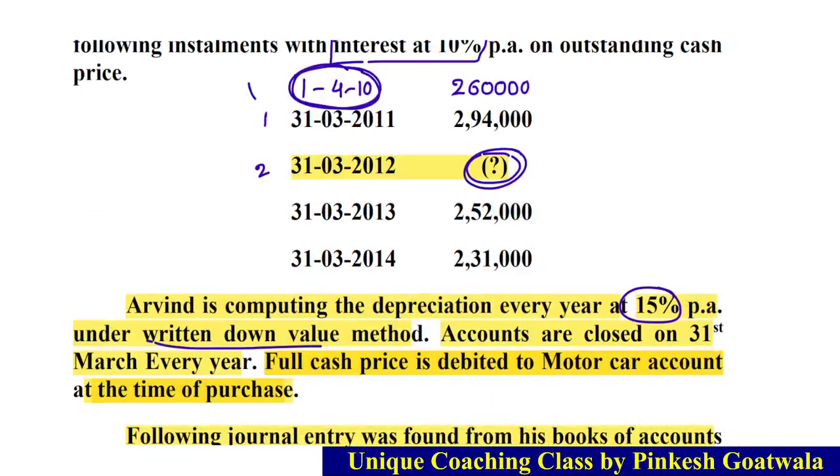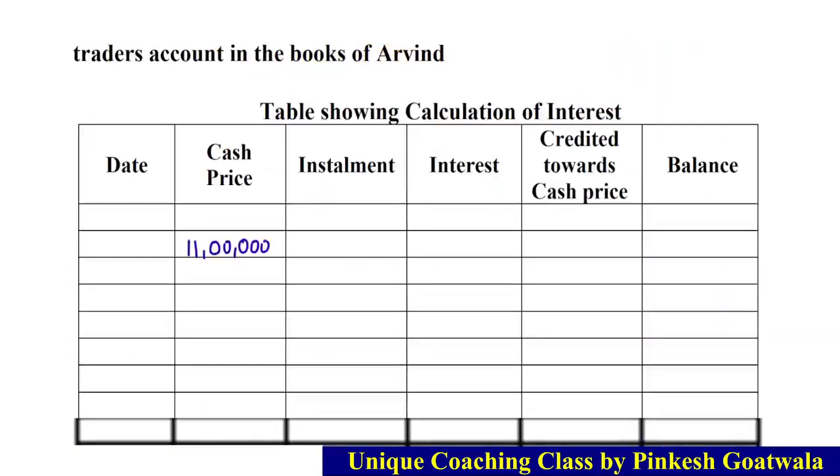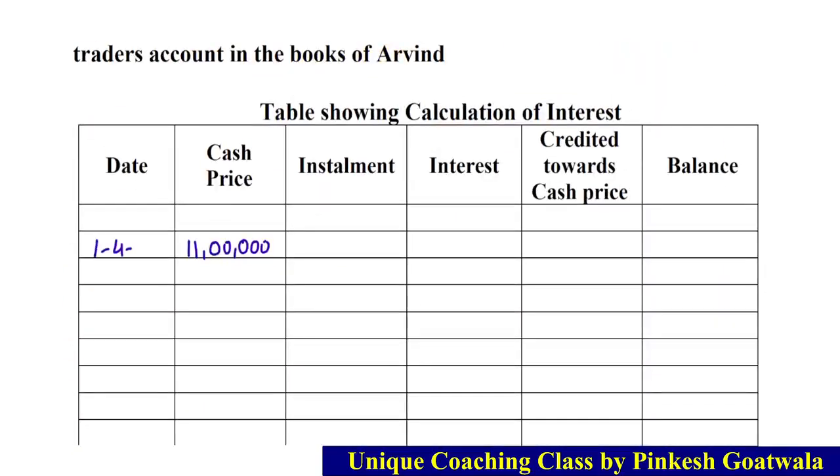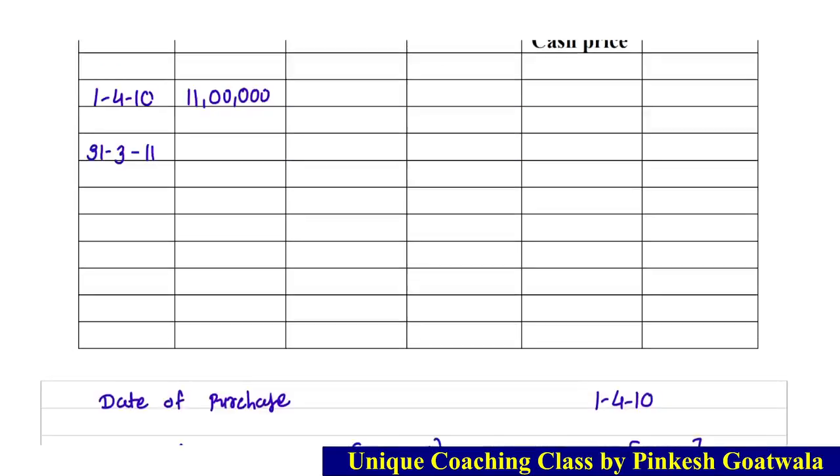First of all, write all the installments and their amounts. Purchase on 1st April 10, then 31st March 11, 31st March 12, 31st March 13 and 31st March 14.